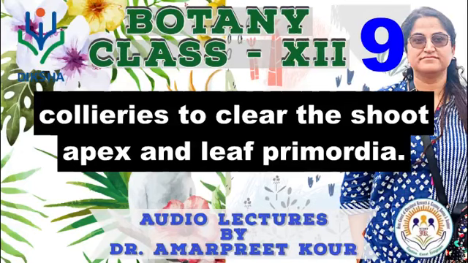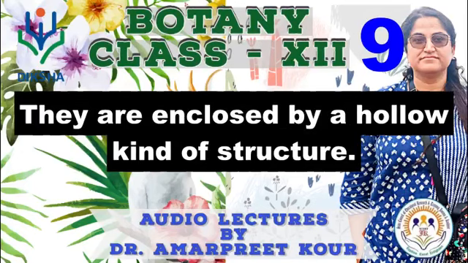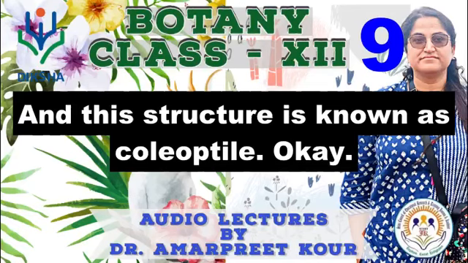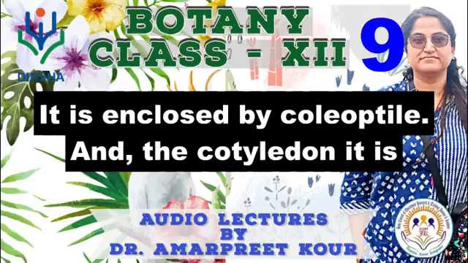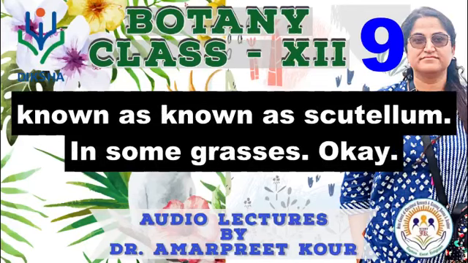Clear? The shoot apex and leaf primordia are enclosed by a hollow kind of structure, and this structure is known as coleoptile. Okay, so the radicle is enclosed by coleorhiza, shoot is enclosed by coleoptile, and the cotyledon is known as scutellum.